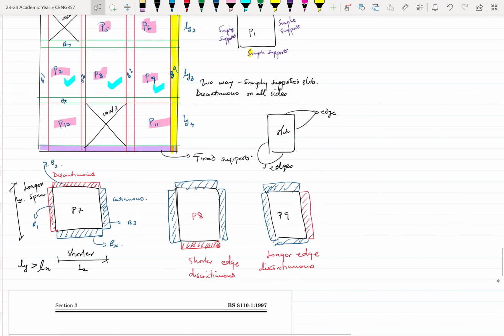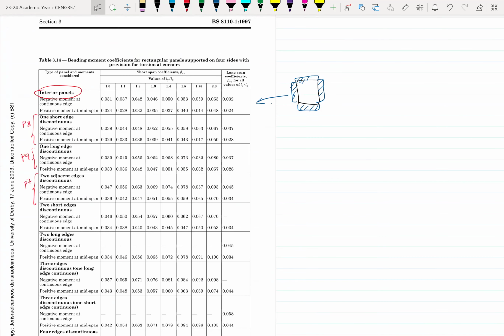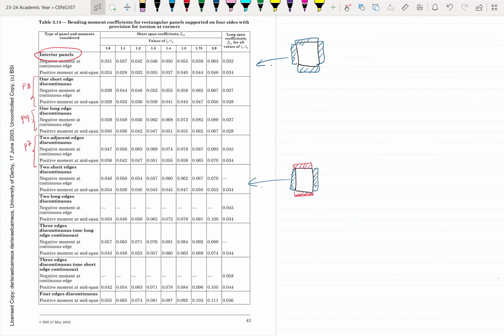But usually, for the two short edges discontinuous to happen, the shorter spans will typically be simply supported, and the longer spans will be continuous over the support. Then the two long edges discontinuous is just the vice versa, switching places for the two of them.